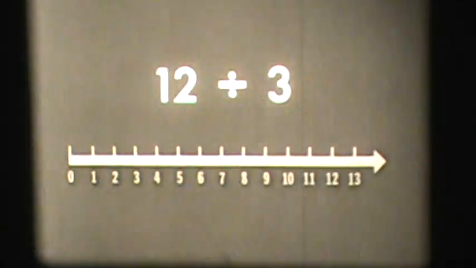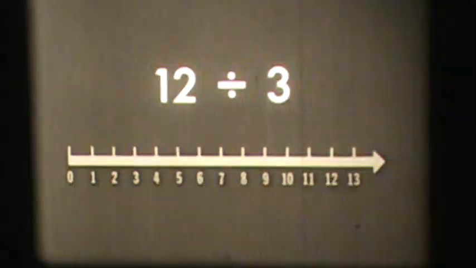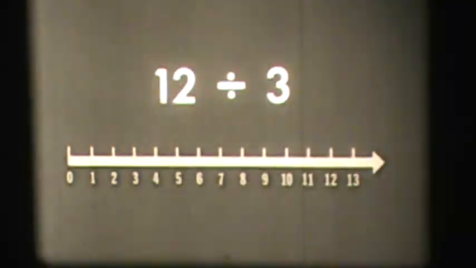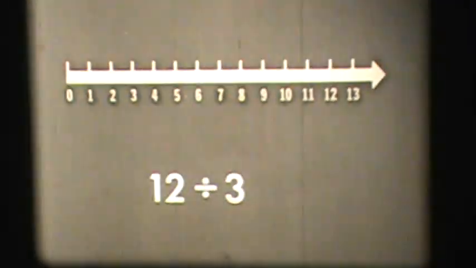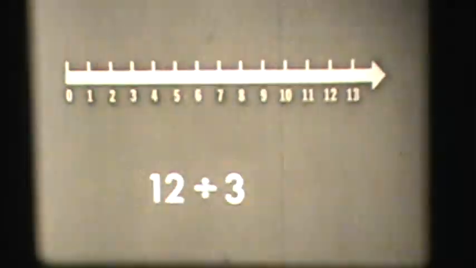Let's check this division problem on the number line. We can ask, how many 3s in 12? Remember how we subtracted the subsets from 12? On the number line, we also start with 12.